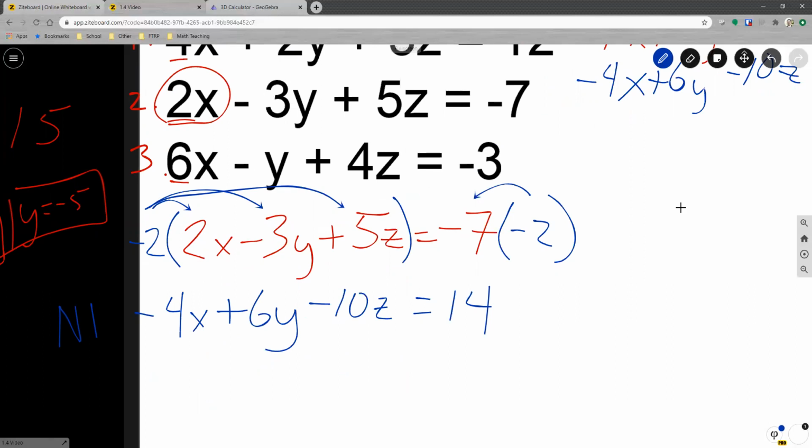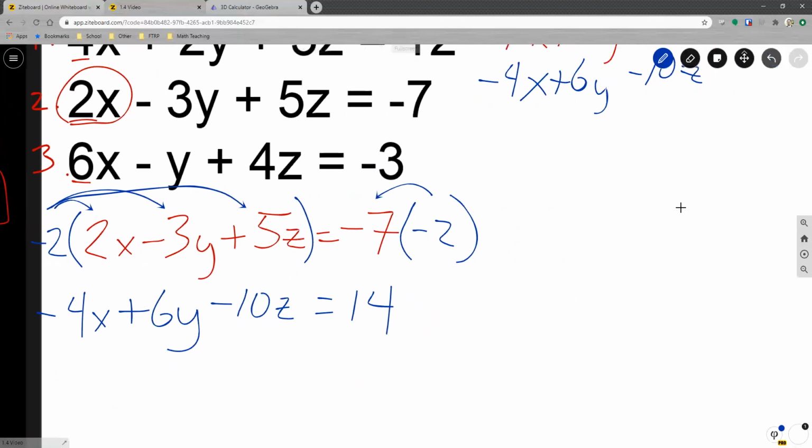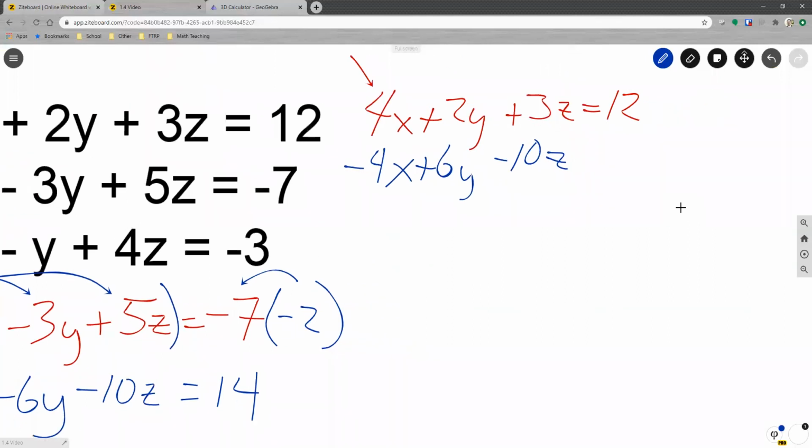It's one of my new equations that I've created. The reason why I'm giving it a number is because I'm going to create another new equation. I'll call that new equation number 2. So what I'm going to do here is I'm going to combine these two equations. I'm going to add them together.